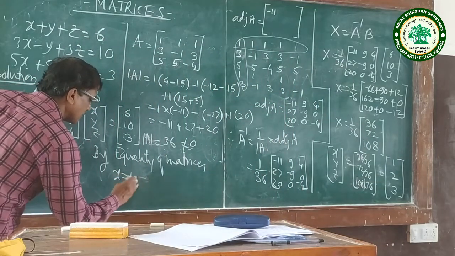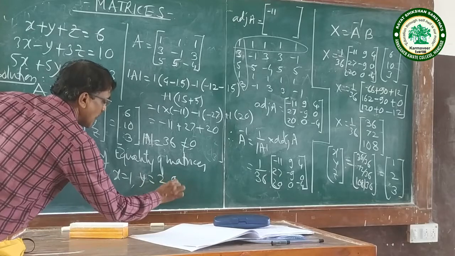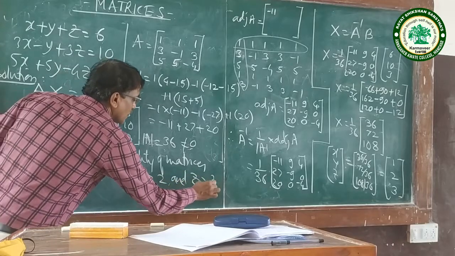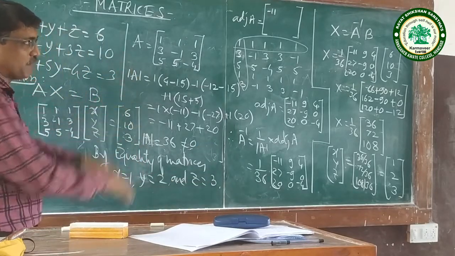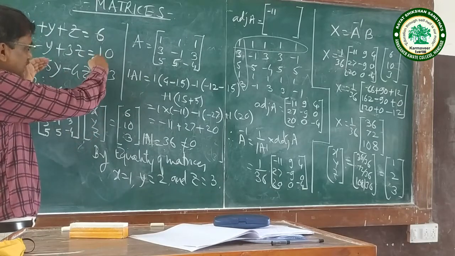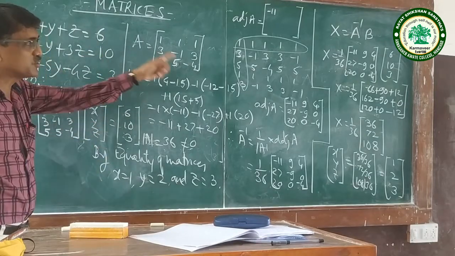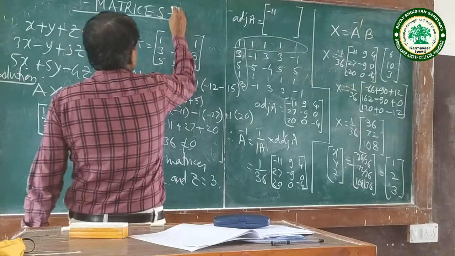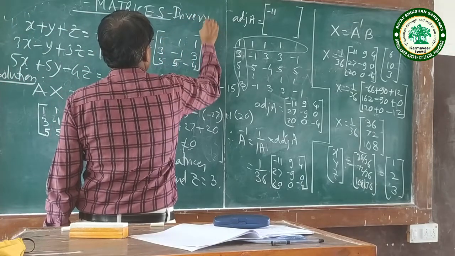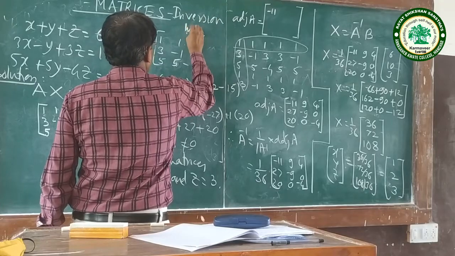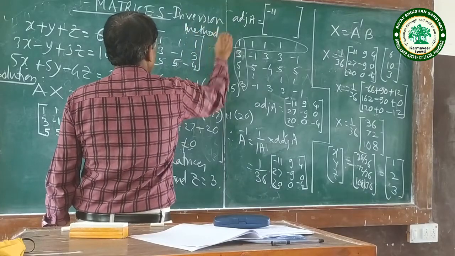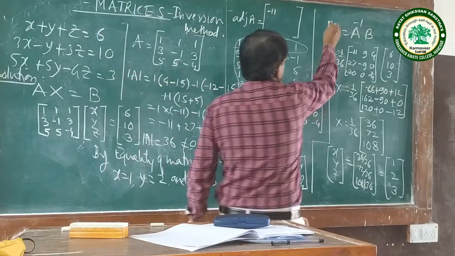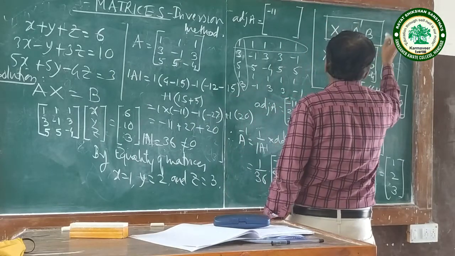So this is the method of finding solutions of three linear equations in three variables using matrices. So this is the inversion method, in which this equation is very important: X is equal to A inverse into B.